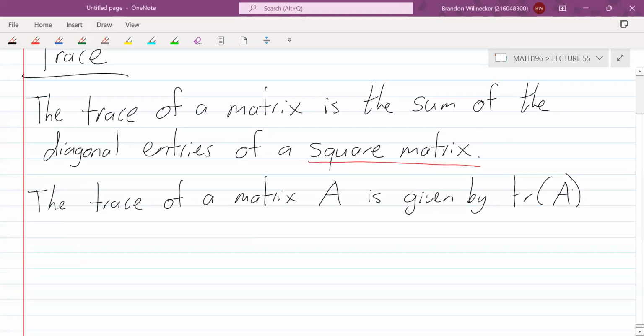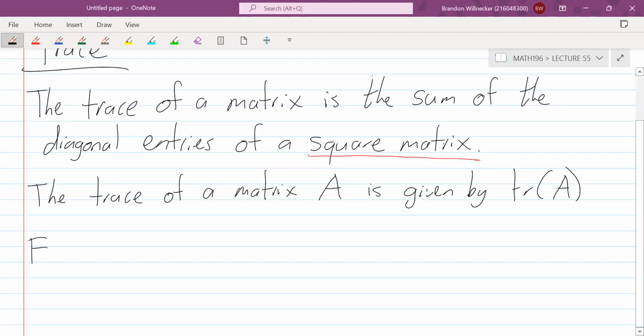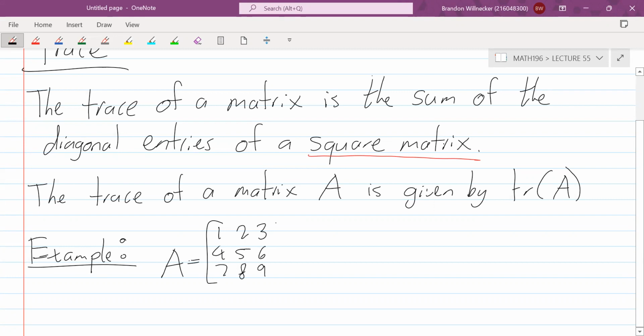Okay, so let's look at an example. Let's say we've got A, and it needs to be a square matrix for this to work. So let's say 1, 2, 3, 4, 5, 6, 7, 8, 9. So we've got ourselves a 3 by 3 square matrix. We want to find the trace.